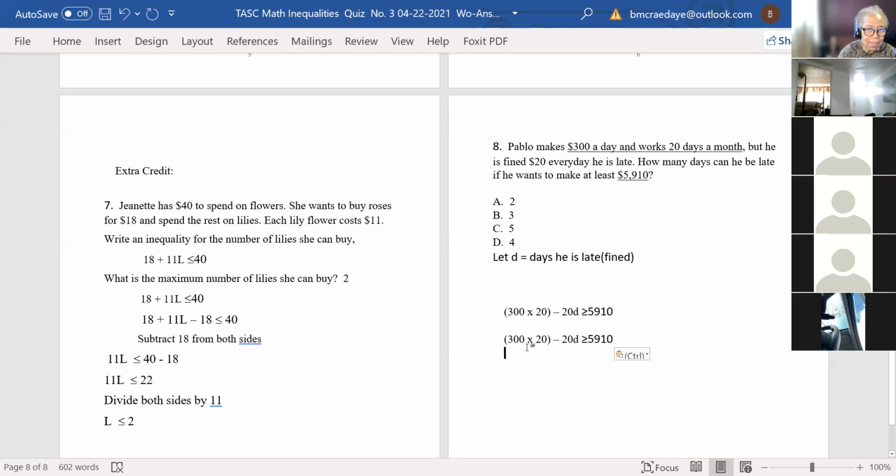Make it simple for yourself. It's 6. So what do you get? 6,000. Yes, because you have 3 zeros, right? So that's 6,000 minus the $20 fine.